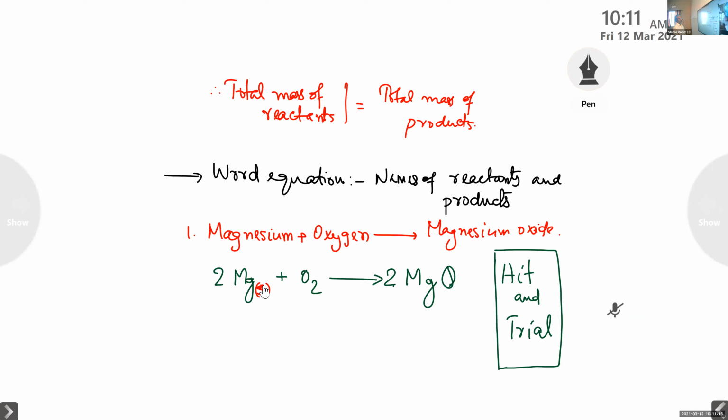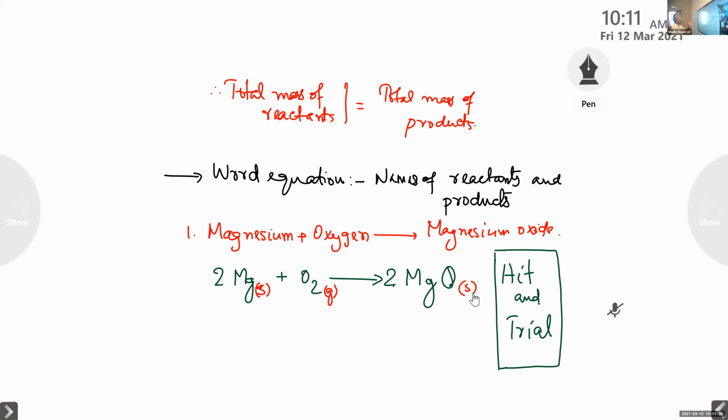Then O2, oxygen gas, that is in the gaseous state. So O2(g). Now you come to magnesium oxide. You got a white powder, solid state. So we can write MgO(s).